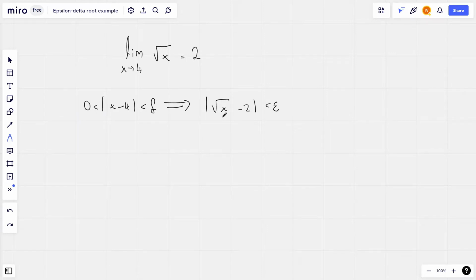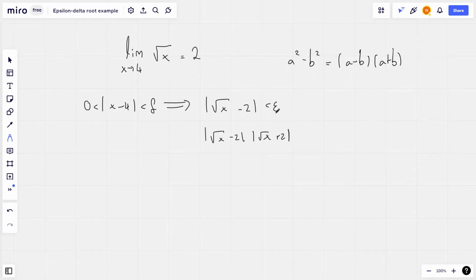So notice that this is just the square root of this. If we recall that a squared minus b squared equals a minus b times a plus b, it seems like a good idea to try to multiply this by root x plus 2.